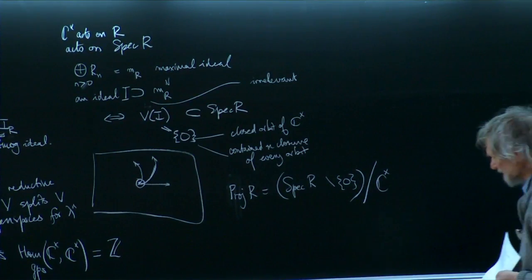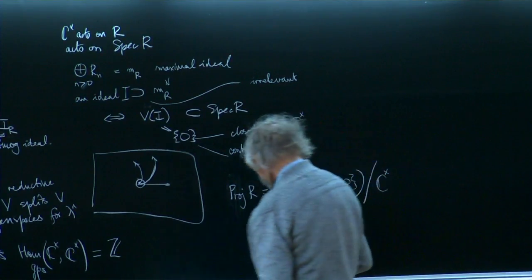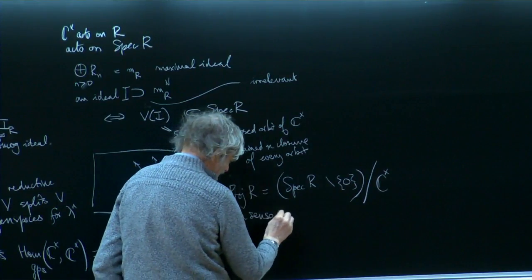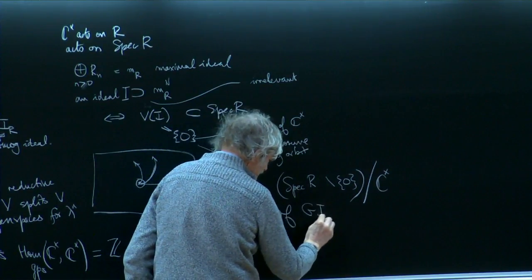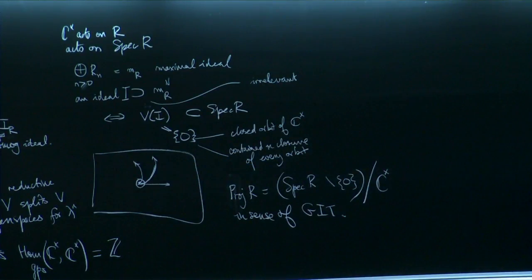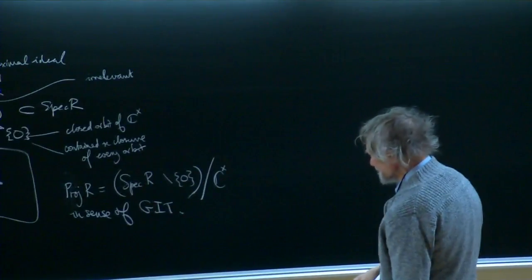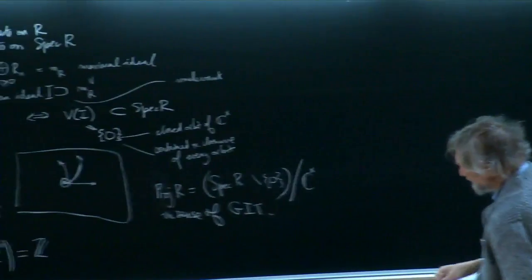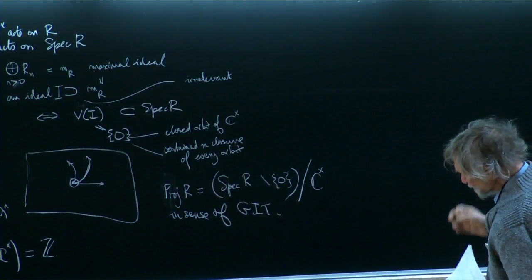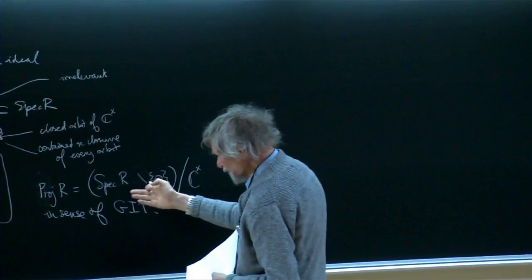This quotient is in the sense of geometric invariant theory. GIT is a complicated subject, and I don't think anybody has ever really read and understood the whole of the book. But here it's really very simple.